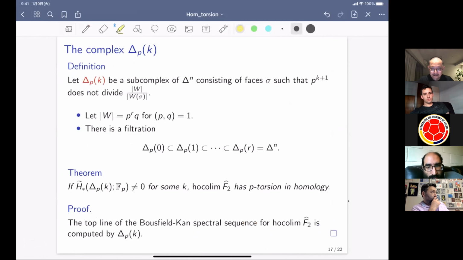But this complex, it's small, but it's hard to compute its homology directly. So we have to describe this complex in terms of some combinatorial features of G.